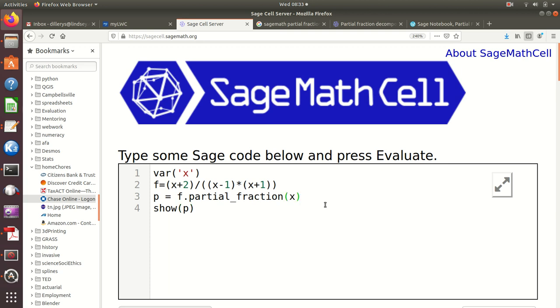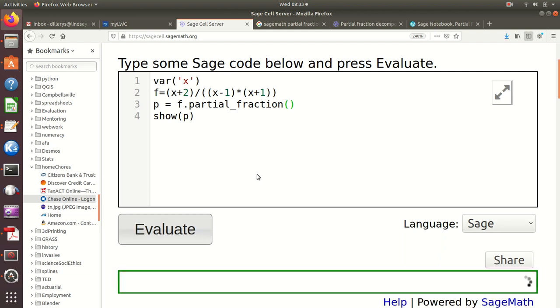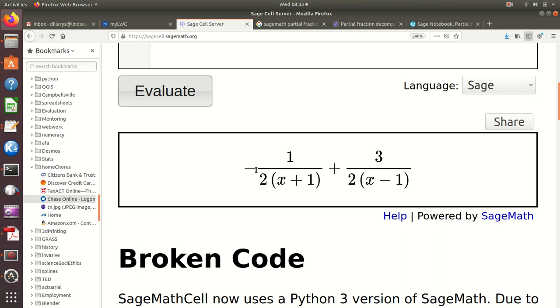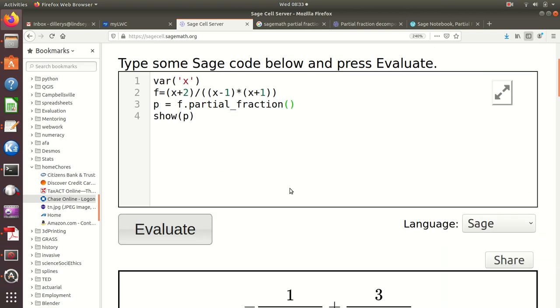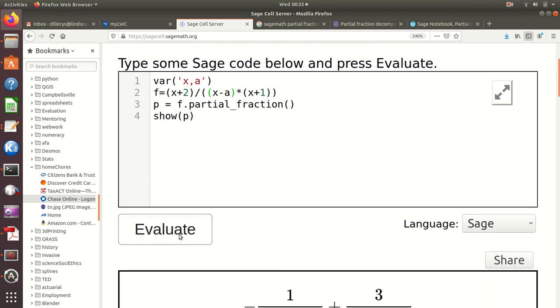Now let's experiment. See if I can get rid of that x in this case. Evaluate. And it works, right? Because x was the only possible variable that could be there. Now if I do toss in, well, let's do an a, and I'll make that x minus a, this may still work because it may default to x, but I don't know.